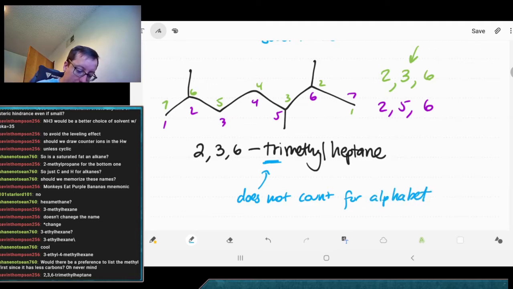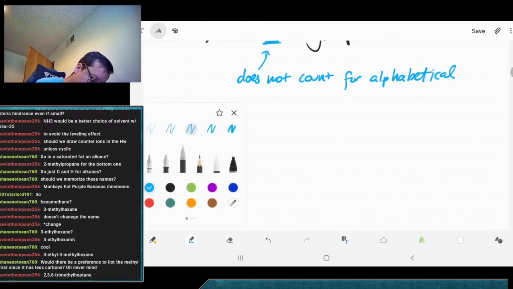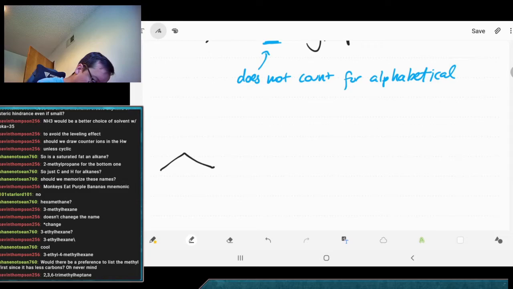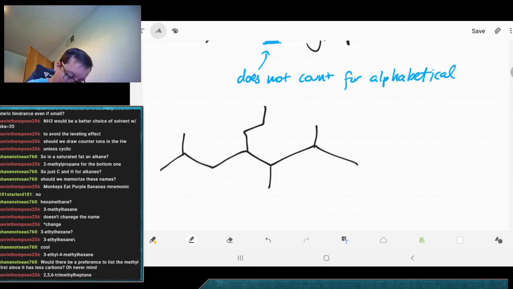One thing to note, this tri thing does not count if we need to arrange things alphabetically. We'll do an example of that, but we're going to consider this to still start with M for purposes of alphabet. So, if we do the same molecule, I've added now a propyl group onto it.